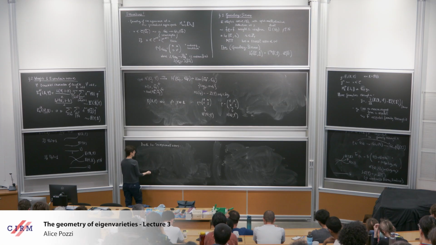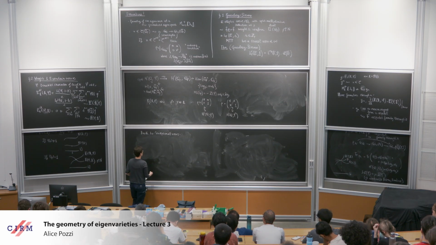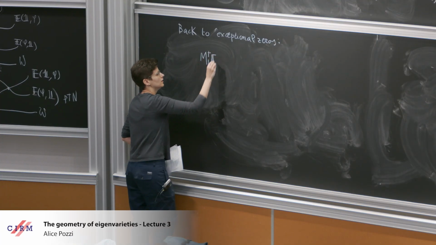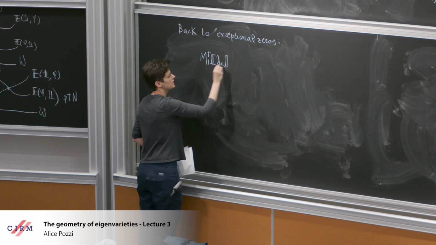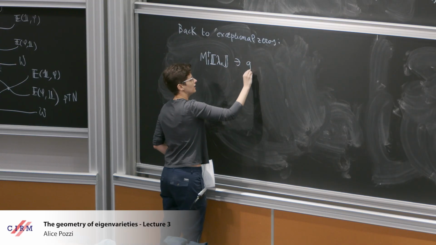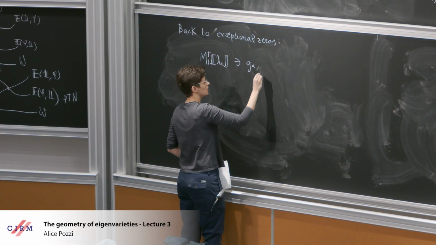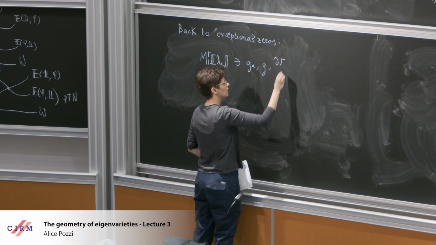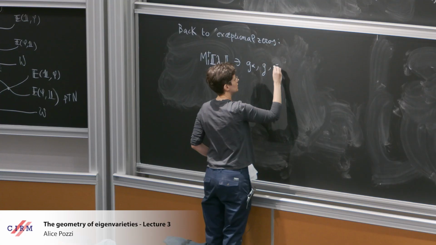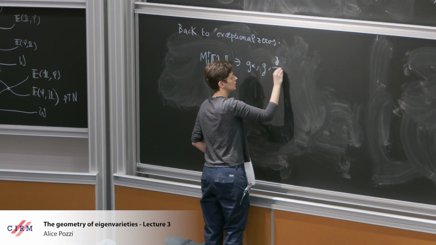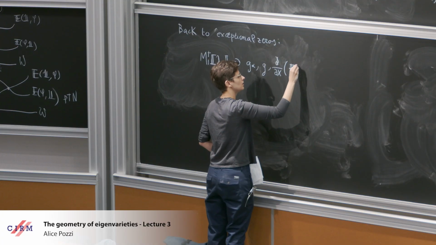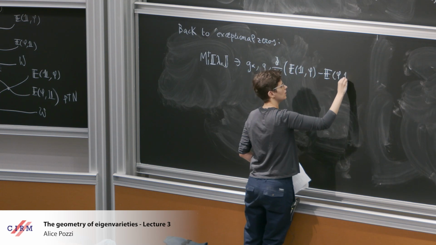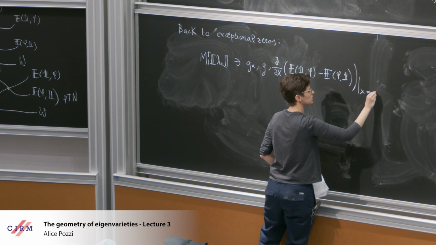So here, what are we trying to say? We were looking at this generalized eigenspace. And we said that this contains G alpha, it contains G, and it contains the derivative in x of E_1p minus E_p1 at x equals 0.